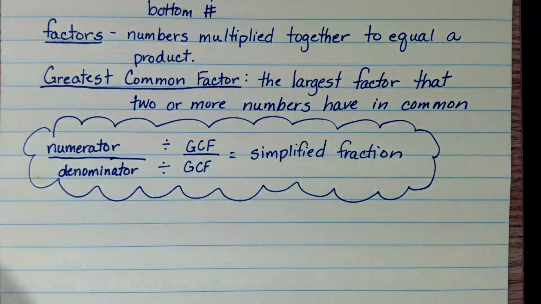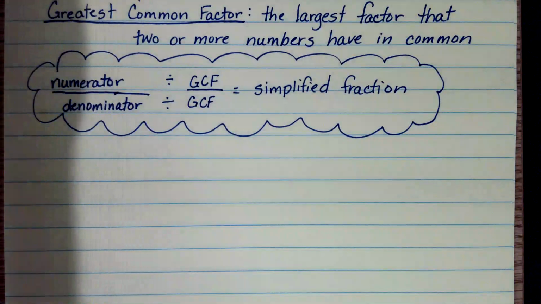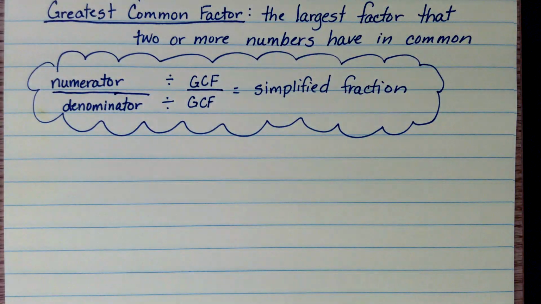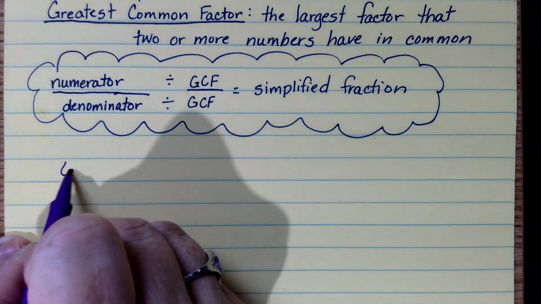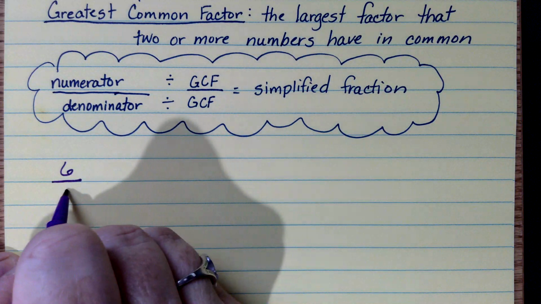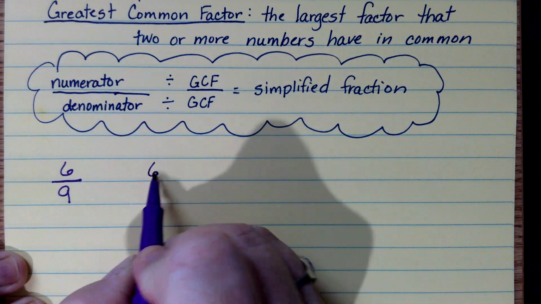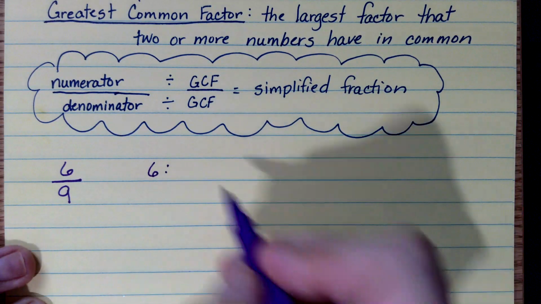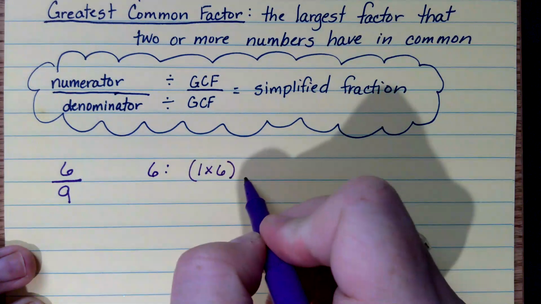So let's do some examples together. For instance, let's say we wanted to simplify 6/9. The first thing that we're going to do is look at each number separately. I know that in the number 6, when I multiply 1 times 6, that equals 6.